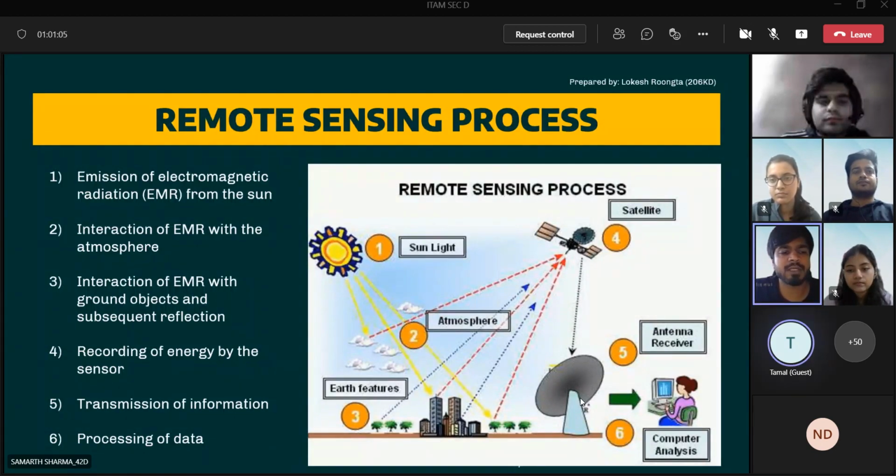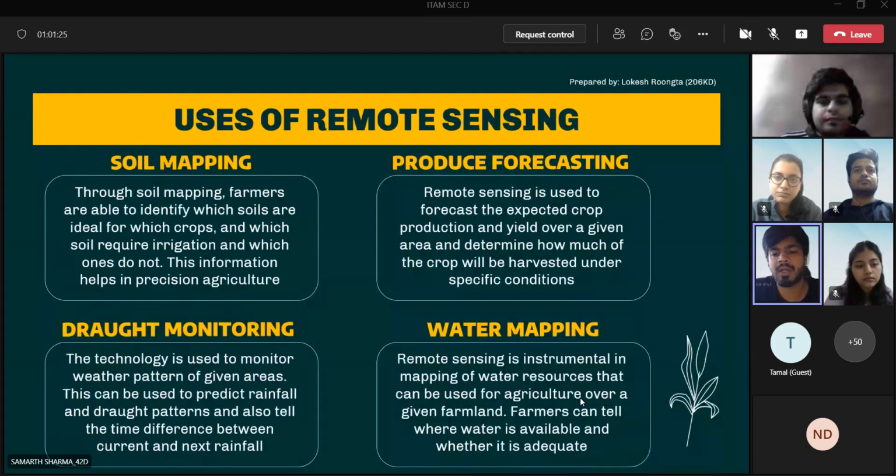And the fourth one is when it gets reflected back and the energy gets recorded by the sensor. In the fifth step, the information recorded by the satellite gets transmitted. And the sixth step is the processing of the data, wherein all the data that is relayed back to the computers of the analyst can be further analyzed.